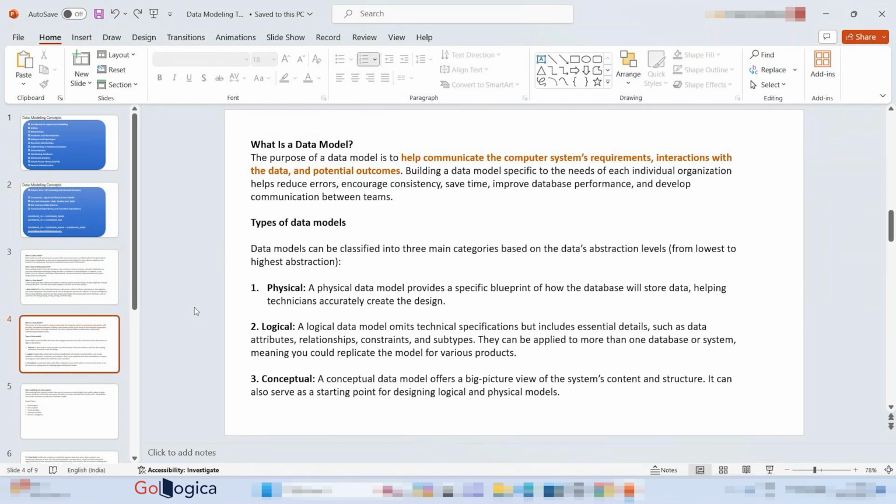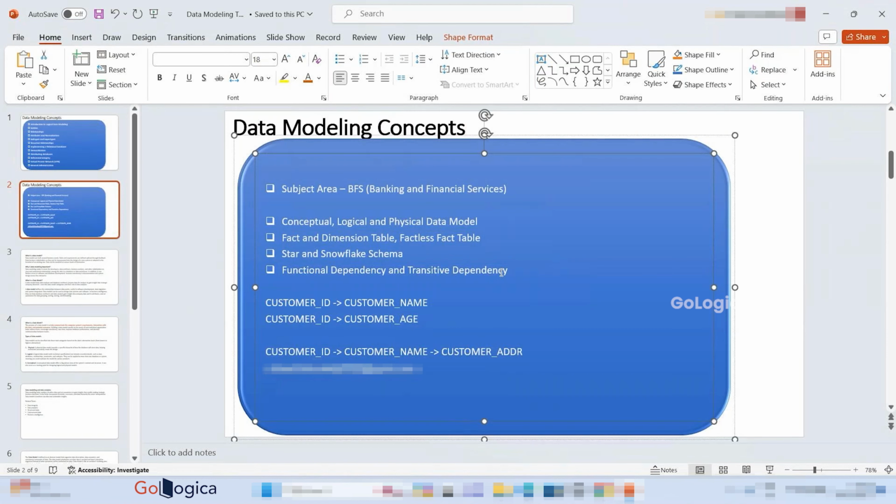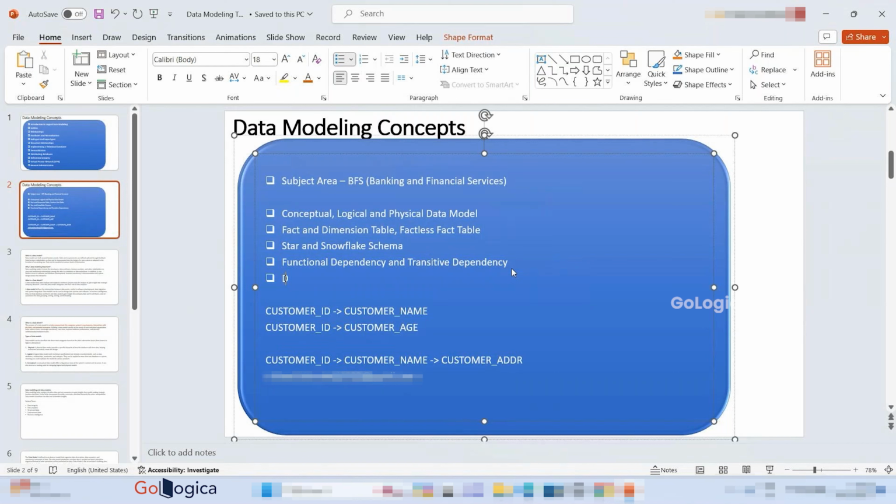The first is the DFD, the data flow diagram, and then a data dictionary and metadata.